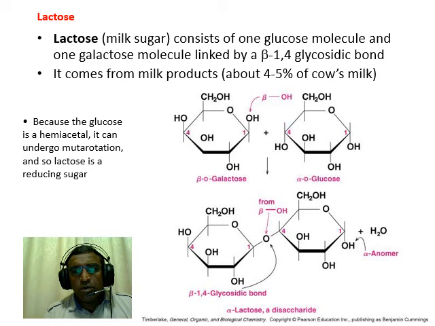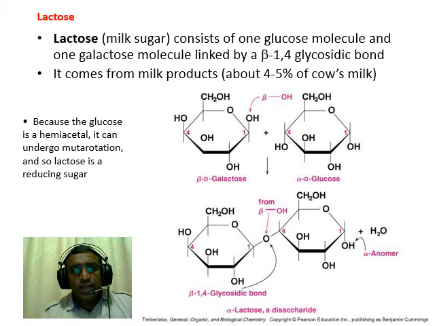The bond keeping this disaccharide together is a beta 1,4 glycosidic bond. I hope you understand the difference between the alpha and beta 1,4 glycosidic bond. It's based on the position of the OH: if the OH is upwards, that's beta. If it's positioned downwards, it's an alpha 1,4 glycosidic bond.